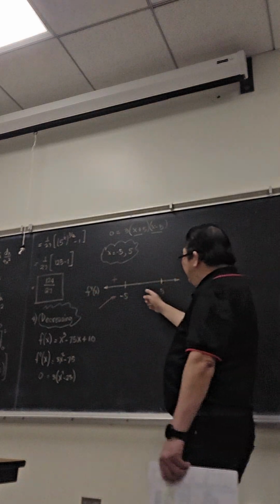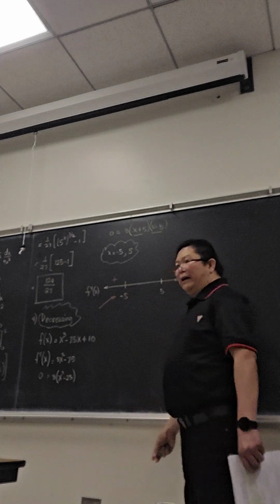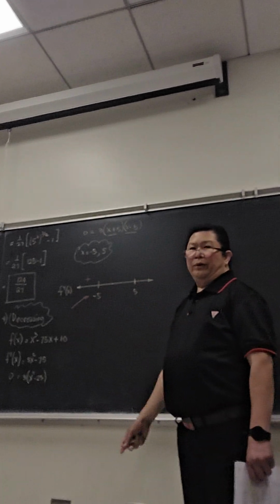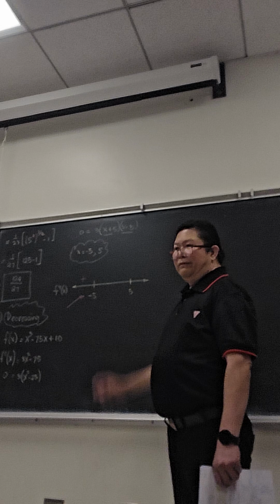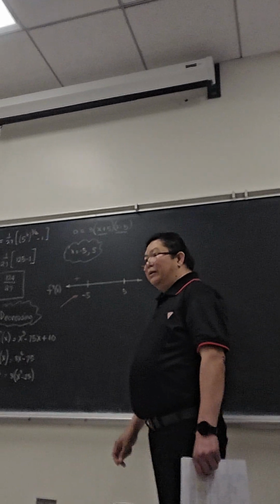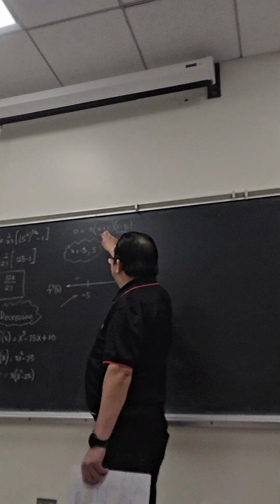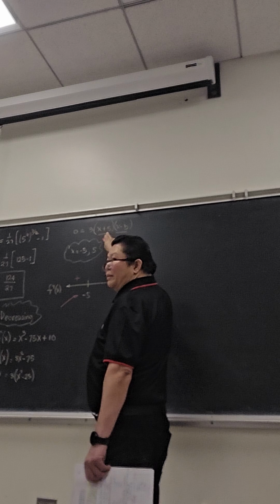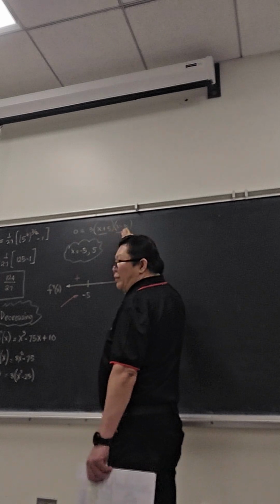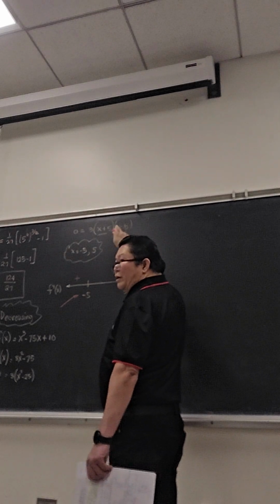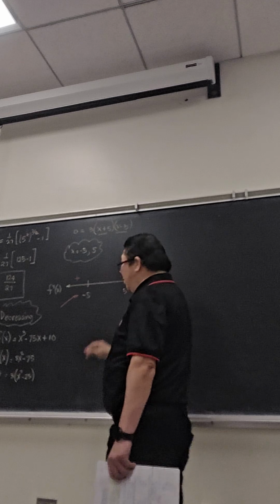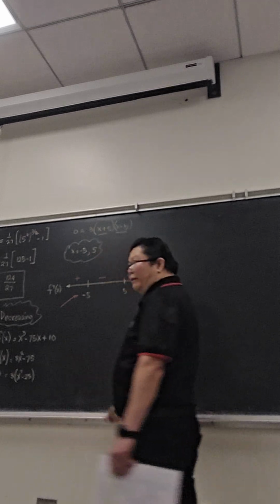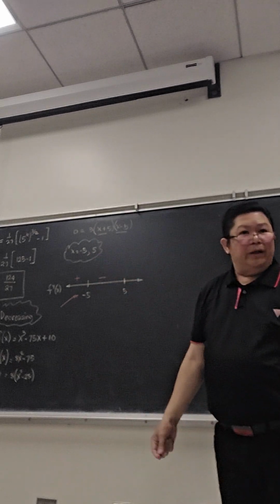Now, between negative 5 and 5, what number do you want me to plug in? You want 0? If this is nada, what sign prevails? Positive. If this is nada, what sign prevails? Negative. Positive times negative is negative in here. Do you get me?